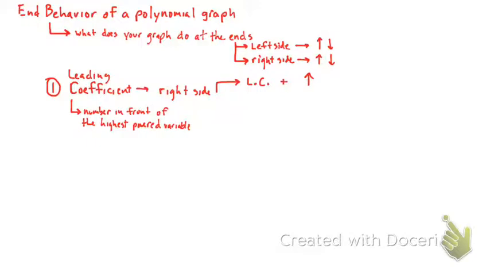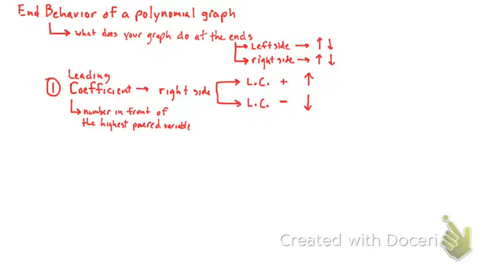Again, the leading coefficient is a positive number, and the right side of the graph is going up. The other option is if your leading coefficient is a negative number, then the right side of the graph is going down. So that's what the leading coefficient controls. It controls the right side, and this is the first thing we want to find out.